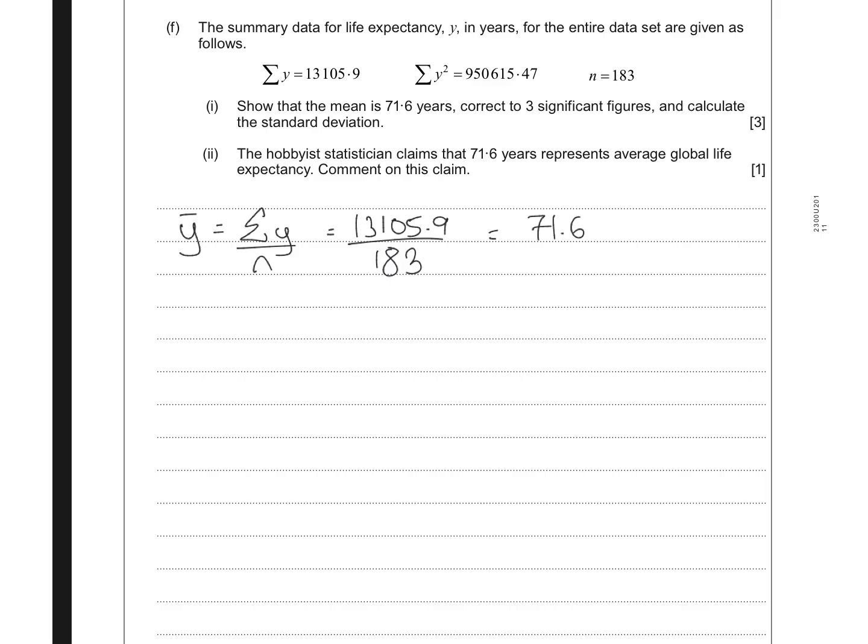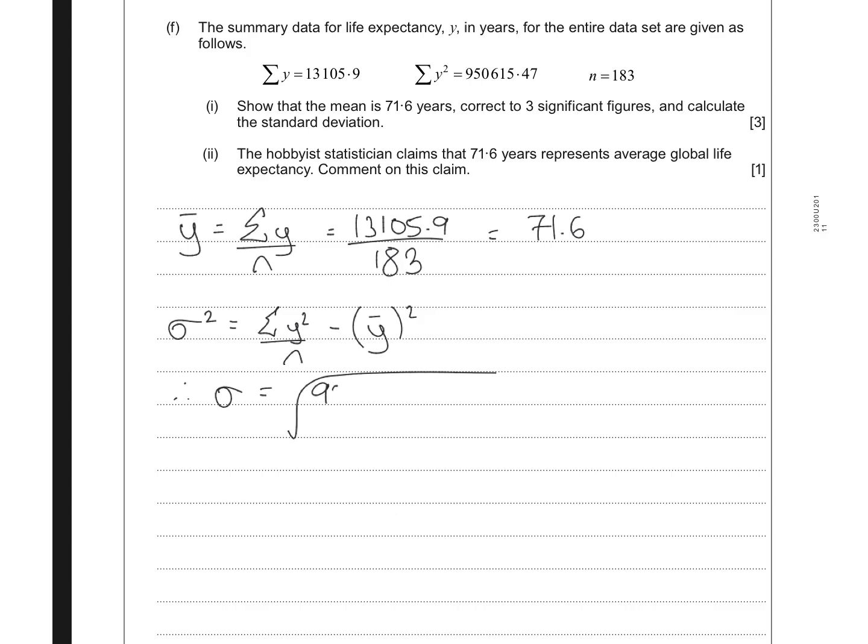Standard deviation then. Okay, so let's find the variance first. So we're going to do sigma y squared over n minus all of y bar squared. So the standard deviation is going to be the square root of that.